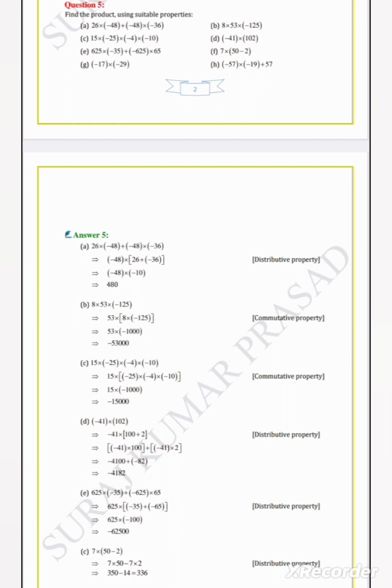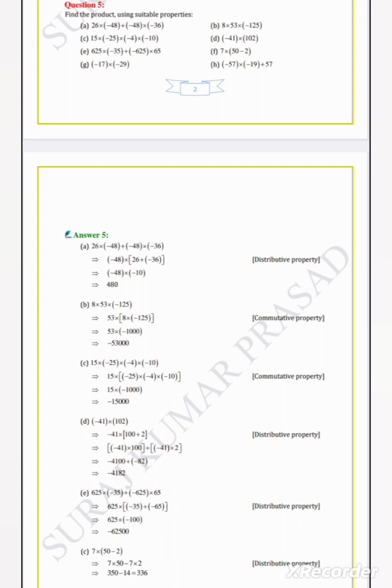C. 15 into minus 25 into minus 4 into minus 10. Using the commutative property, let 15 be common here, and minus 25 into minus 4 is equal to plus 100. 100 into minus 10 is minus 1,000. 15 into minus 1,000 is minus 15,000.